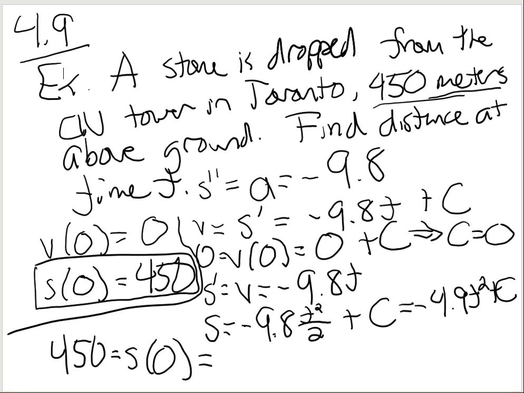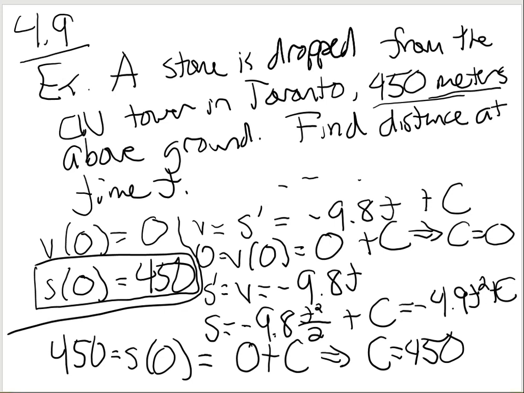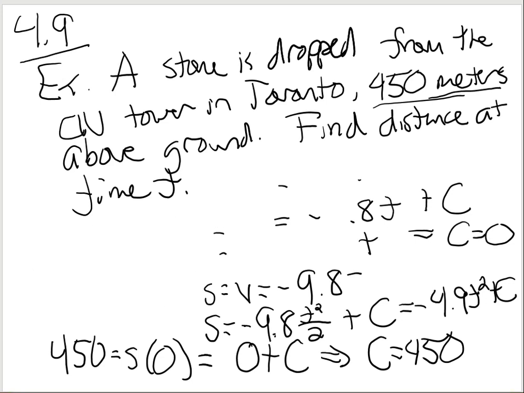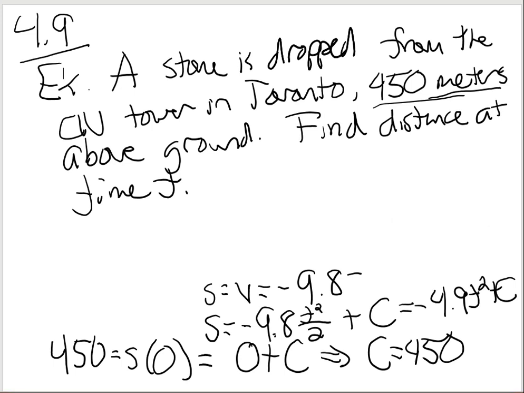So we can just plug in 0 for that t squared. We'll get 0 plus c. So c is 450, giving us the final equation that our function that tells us what distance you are at time t is negative 4.9 t squared plus 450.